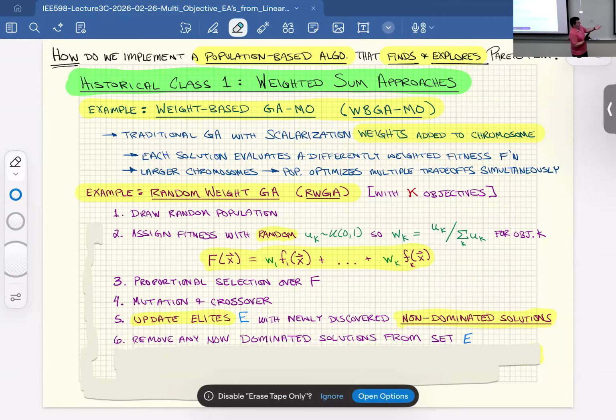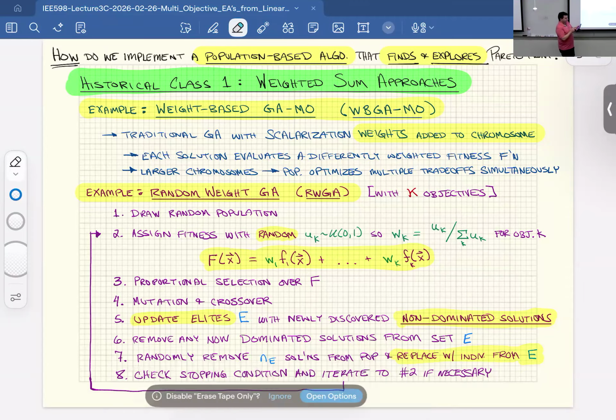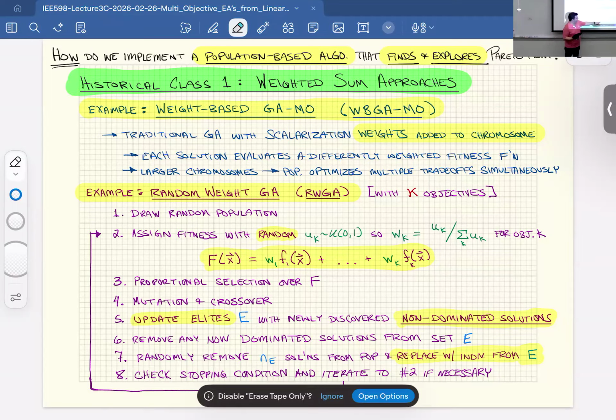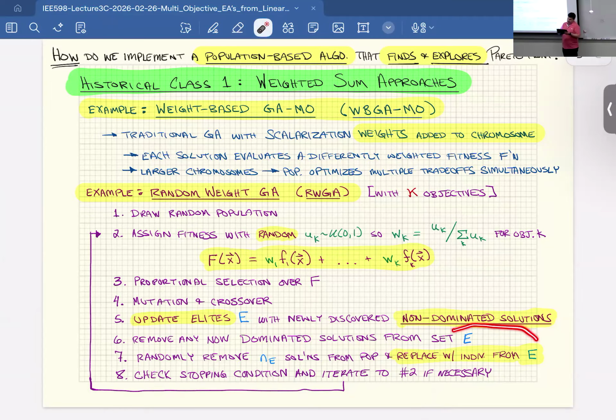And then we remove any now dominated solutions from E. This is just updating that set. And then this is another thing that they added in: randomly take this hyperparameter number of solutions from the population and copy in individuals from the elite set.